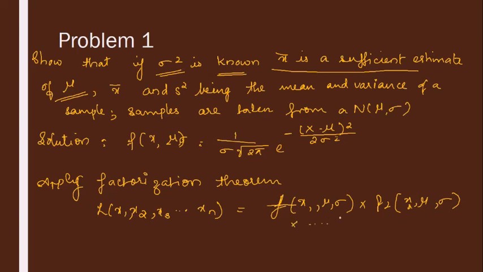Sorry, there is no f2 over here, it is f of x2 mu comma sigma, multiplied by f of x3 mu comma sigma, etc. Finally you have f of xn mu comma sigma.